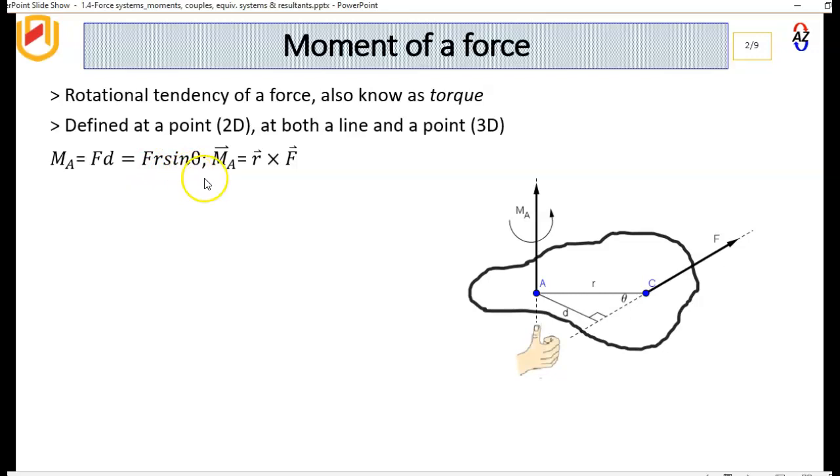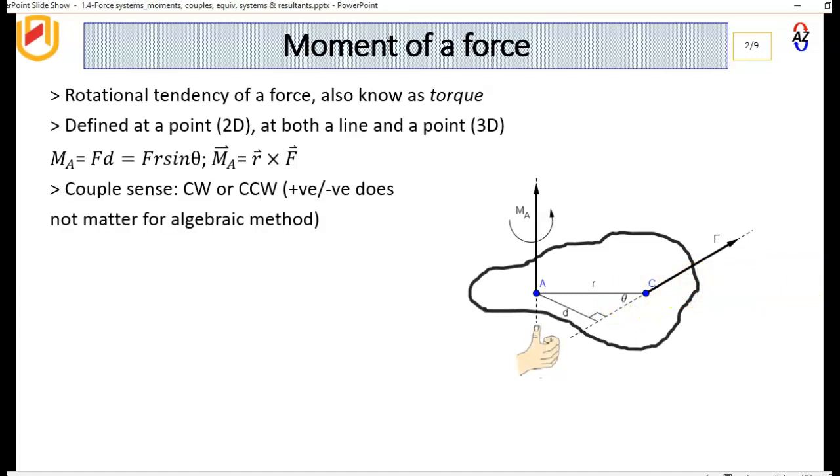So we can say the moment of the force F at A is simply defined by R cross F, where this R can be any distance. From A, the R can be this one here, or the R can be there. It doesn't really matter. It's defined basically by the cross product, and the angle theta takes care of the moment in this case.